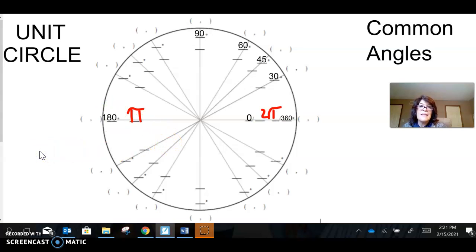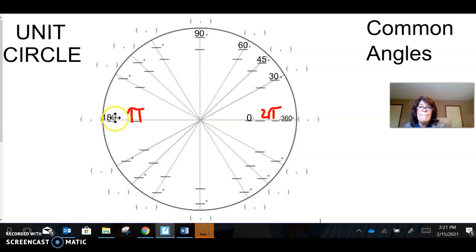What I want you to do is get used to this, just like I can say 1 foot or I can say 12 inches. It's the same amount, right? That's what's happening here.